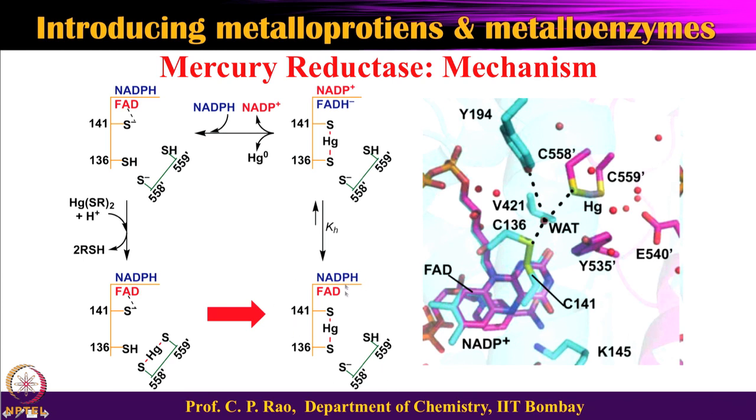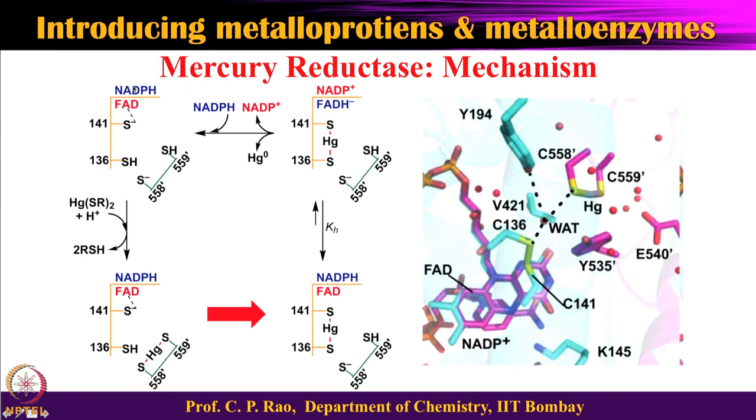Now, once this mercury comes here, based on the conformational change that comes, the FAD gets activated, and it is reduced by the NADPH to become FADH minus. Now, this is the reducing equivalent which will add electrons to the bound mercury, and then NADP+ is thrown out, and the mercury 0 leaves, and that leads to the FAD bound form.